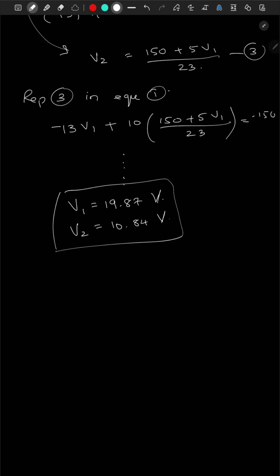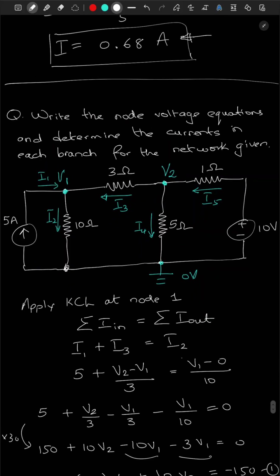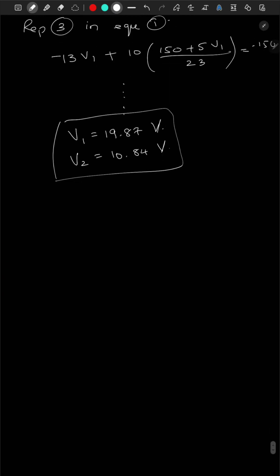So now in the question we are asked to find the current in all the branches. So we have to find I1, I2, I3, I4, I5, all the currents. So I1 is already given. It is 5 amps.